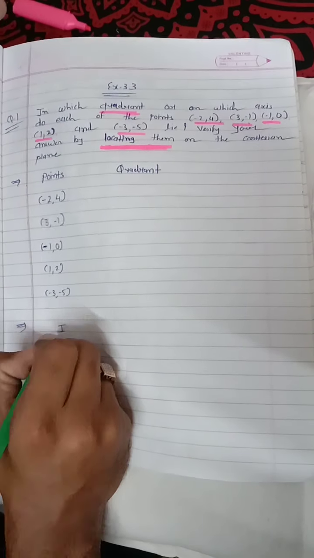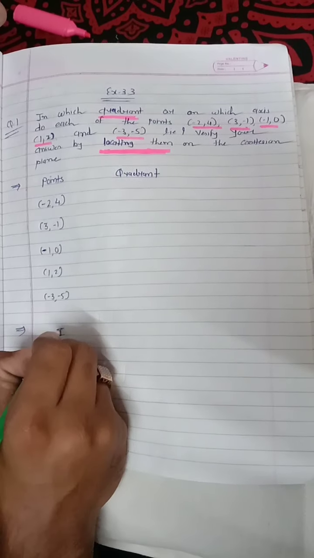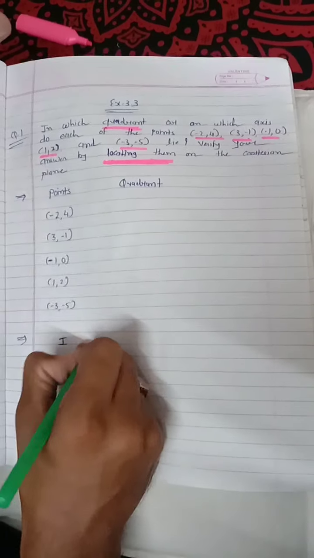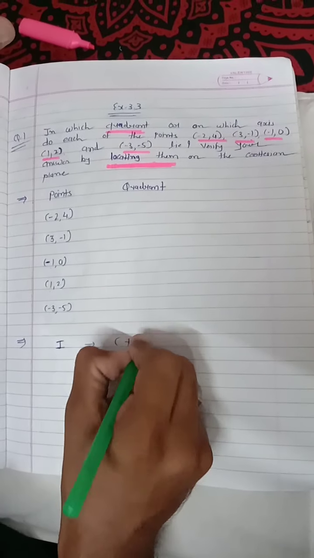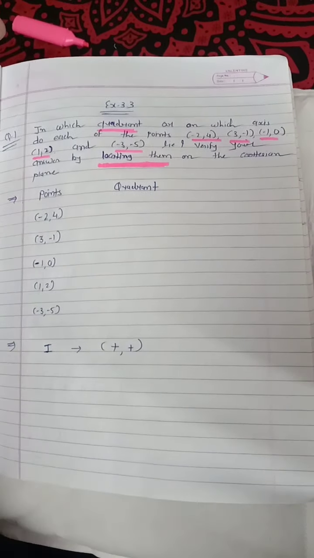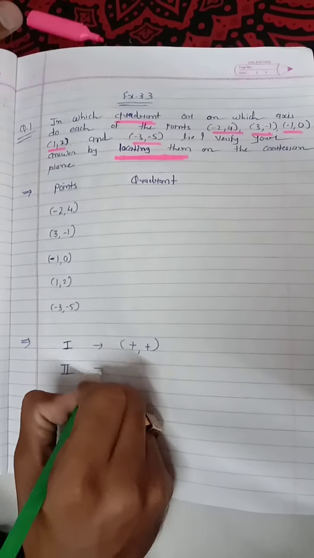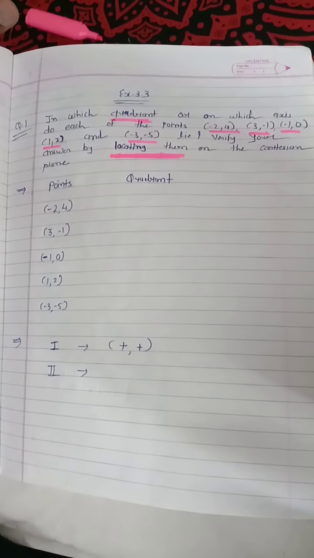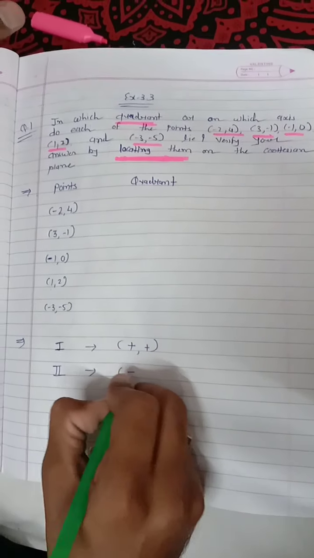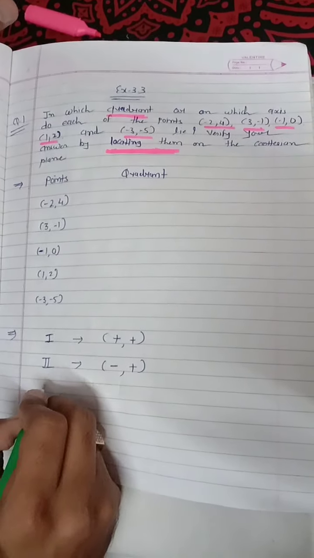If a point is on the first quadrant, it means what? The x coordinate and y coordinate are both positive. A point on the second quadrant means your x is negative and y is positive.